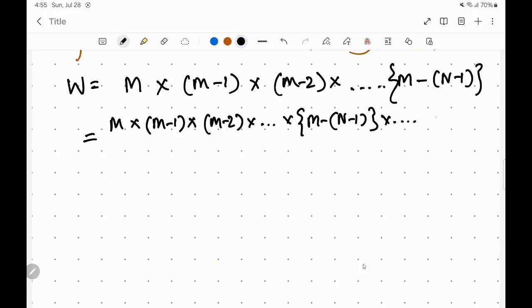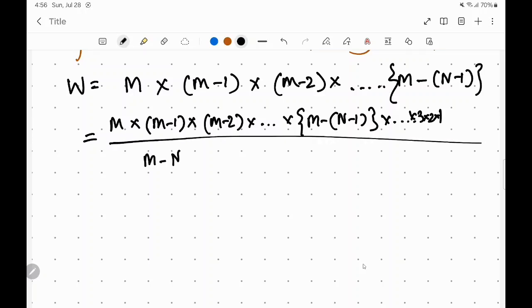Now you can multiply it up to 1, and divide by the rest of the terms, m minus n into m minus n minus 1, and so on up to 3, 2, 1.